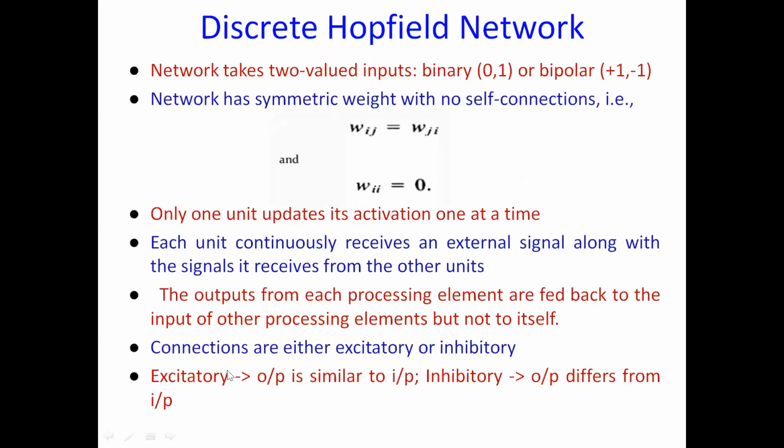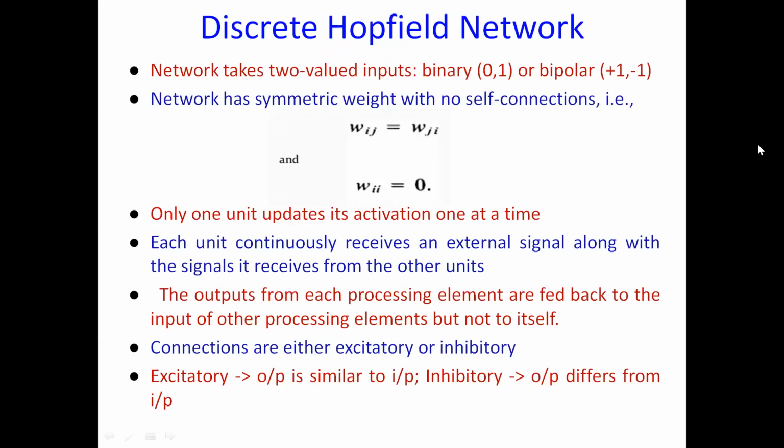Now what happens is that the outputs from each processing element are fed back to the input of the other processing elements. That is why each unit continuously receives signals from the other units. But in this feedback process, there is no feedback path to itself.